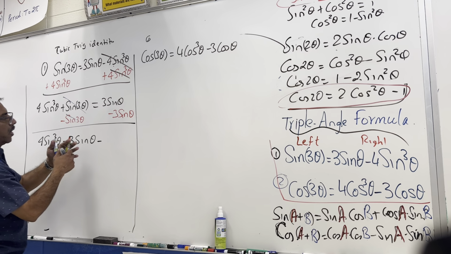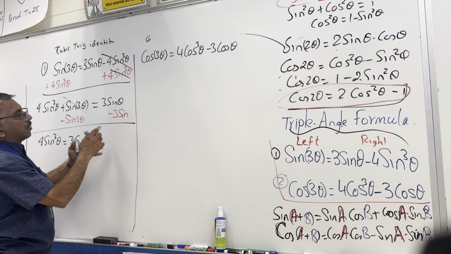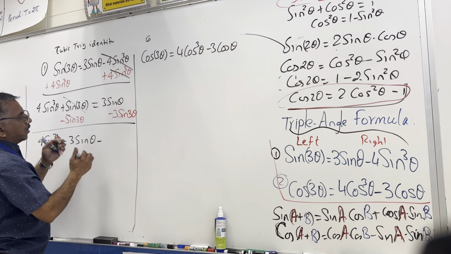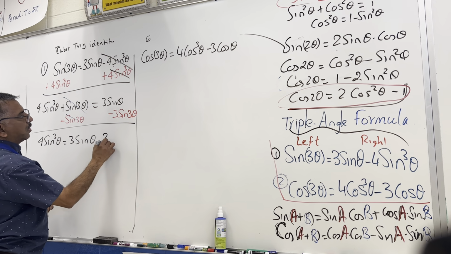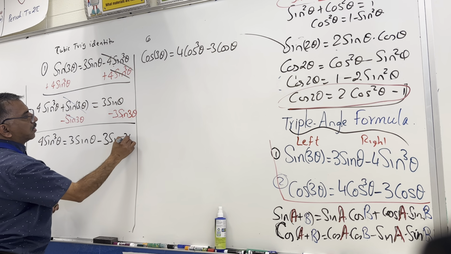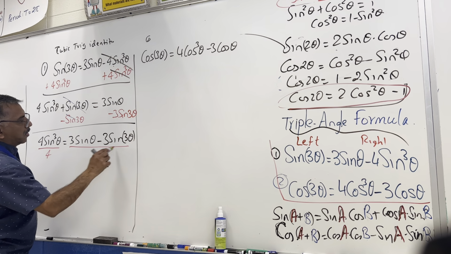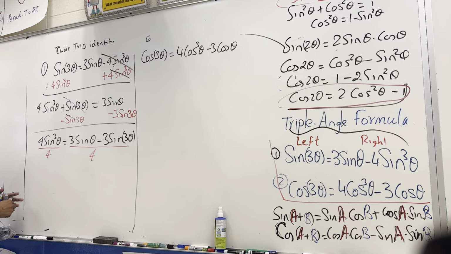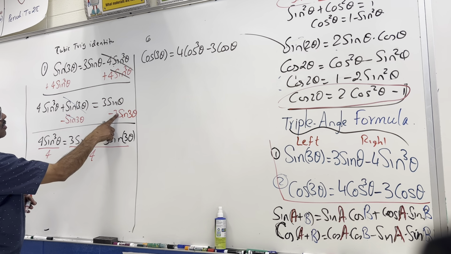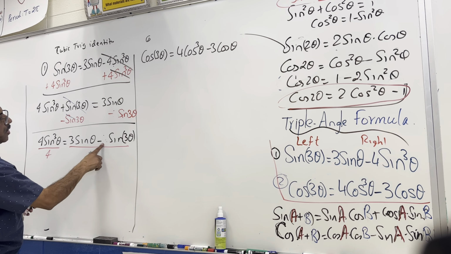Oh yeah, there's a mistake. So this should be 3 theta. So this is 3 sine theta minus sine 3 theta, and then divide by 4. When you divide, this 3 is not there, so that's where I messed up.